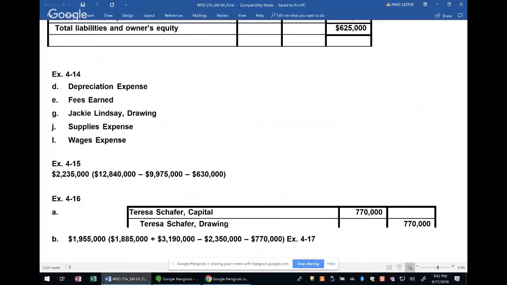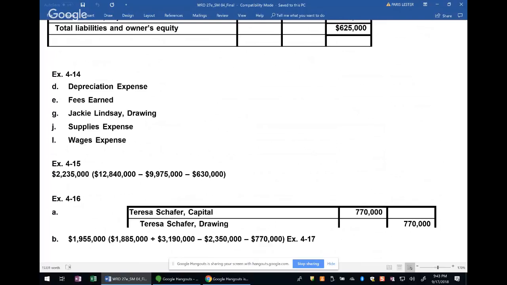No. These entries stand alone. You're closing out drawing, so debit capital for 75. That takes care of drawing, yes. And credit drawing 75.